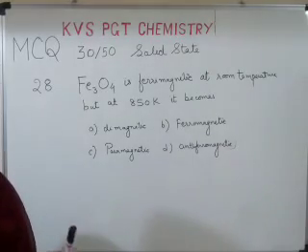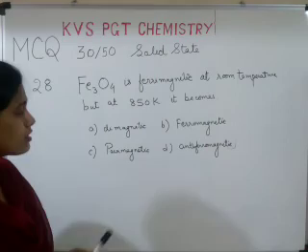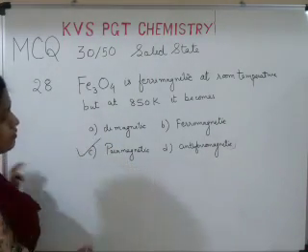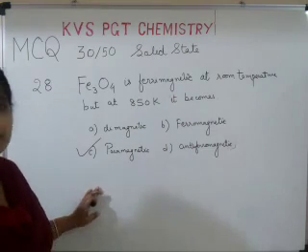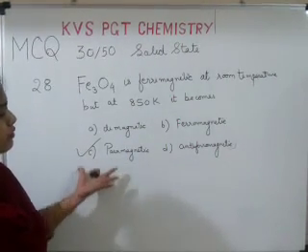So when you heat this ore, the ferrimagnetic property is being lost and it develops paramagnetism. So it is also usually asked question. Okay, in many exams you find this question.